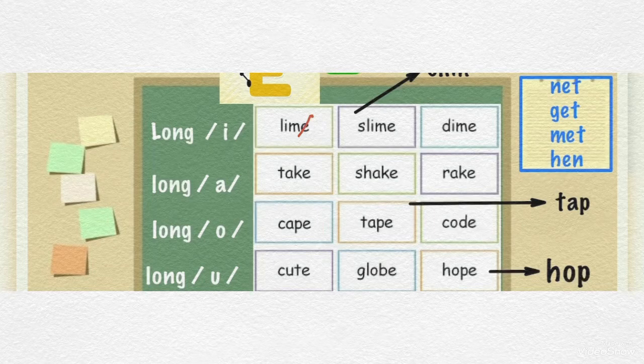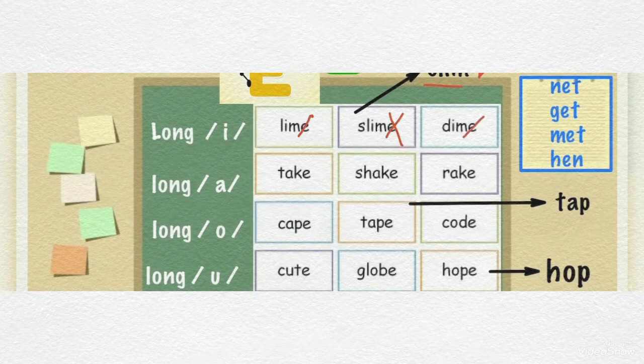And here I have slime. If I don't have letter E, I will read it slim, just like this word, slim. But when I have letter E, it will be a silent letter, and at the same time it affects the pronunciation of the word, so it makes the vowel longer. So it will be slime.